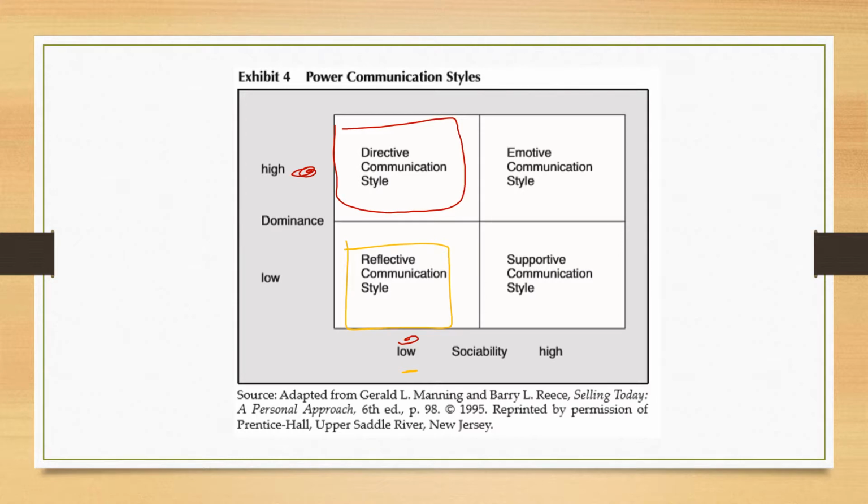And so if somebody has, let's say, high sociability and low dominance, then they're more of a supportive communication style. And lastly, high sociability and high dominance ends up in an emotive communication style.